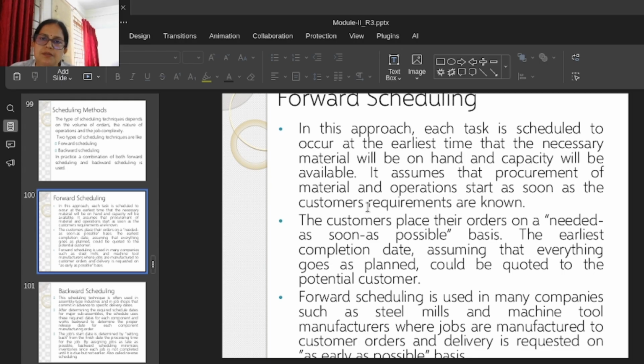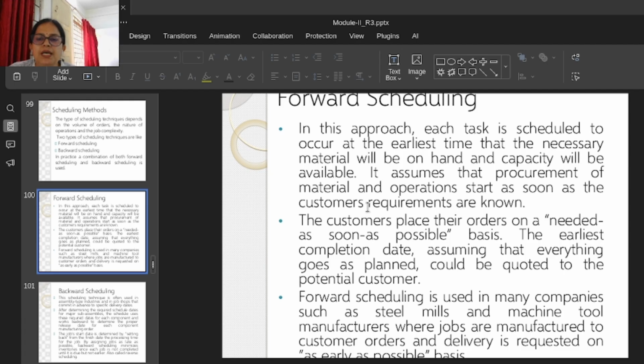When we know the order, immediately we start the production process and complete it, keeping it in stock so that we are not going to miss the demand of the customer.